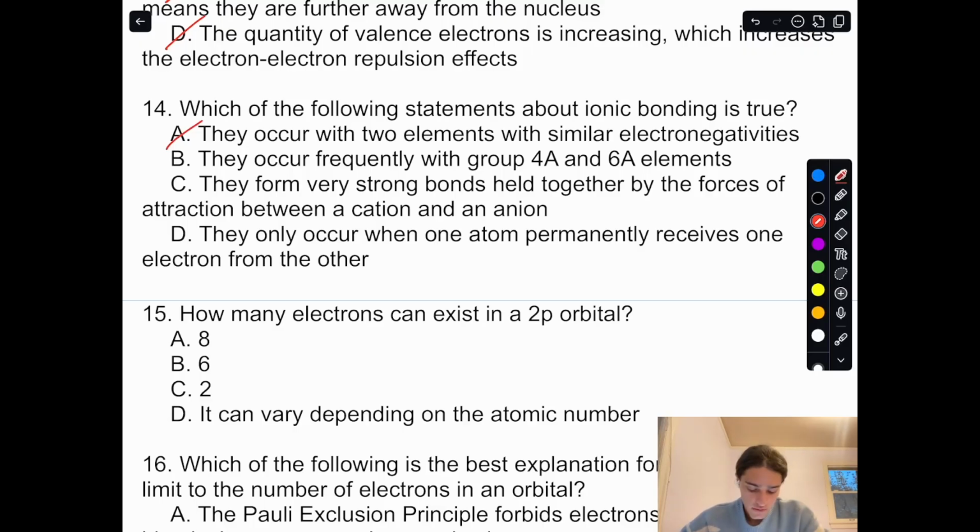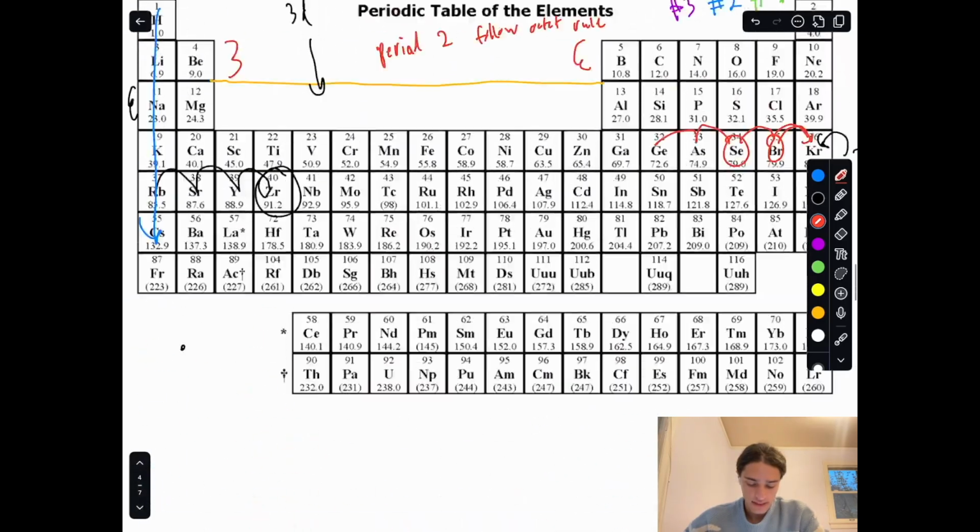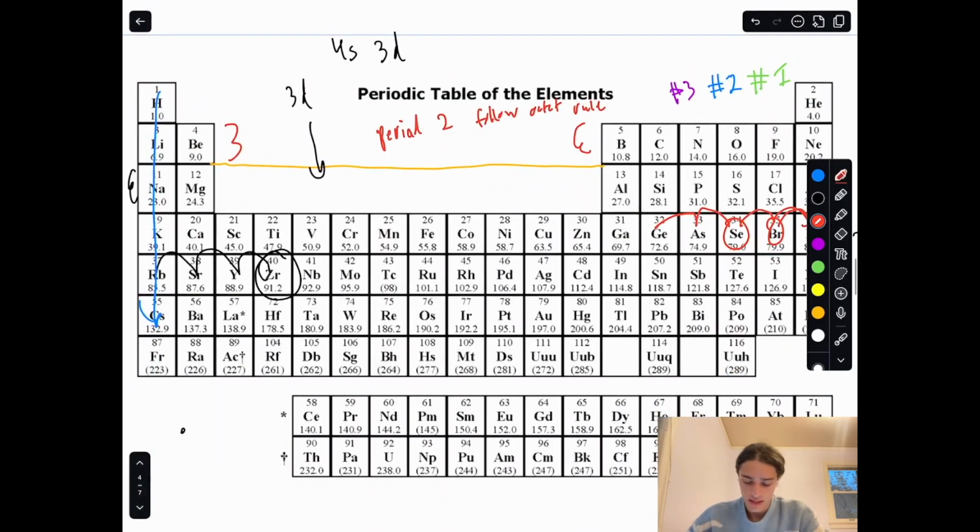B, they occur frequently with group 4A and 6A elements. So group 4 and 6, so that would be this group and this group. They obviously can bond with each other, but the electronegativity difference between carbon and oxygen, or silicon and sulfur, or sulfur and carbon even, isn't that big.